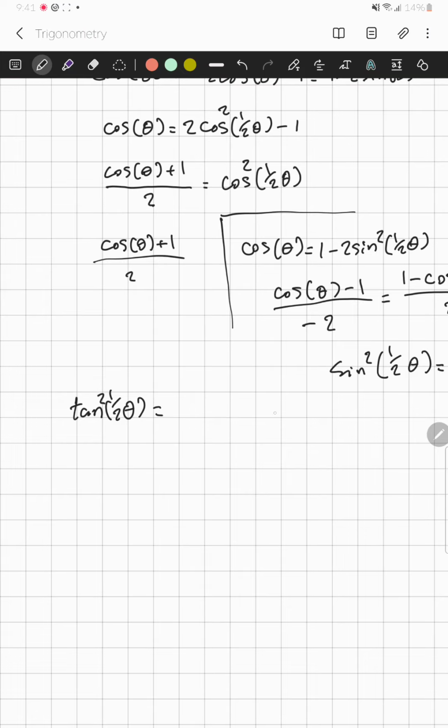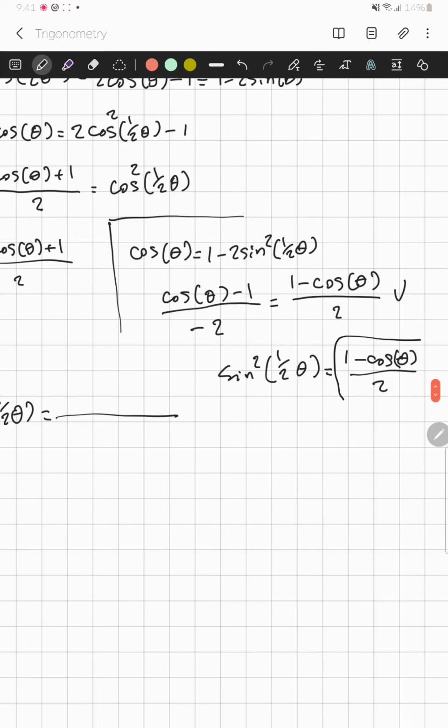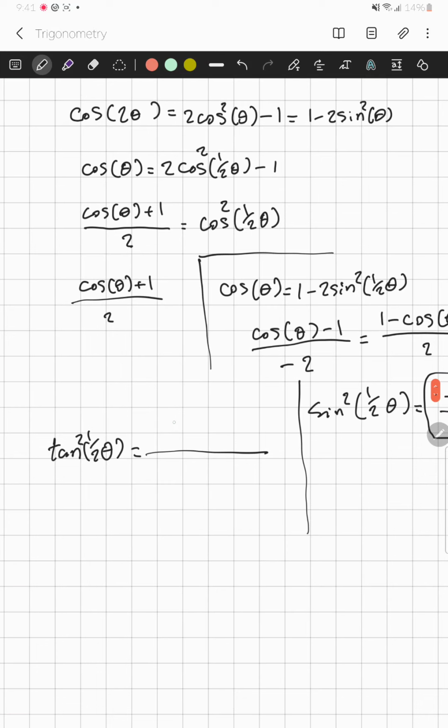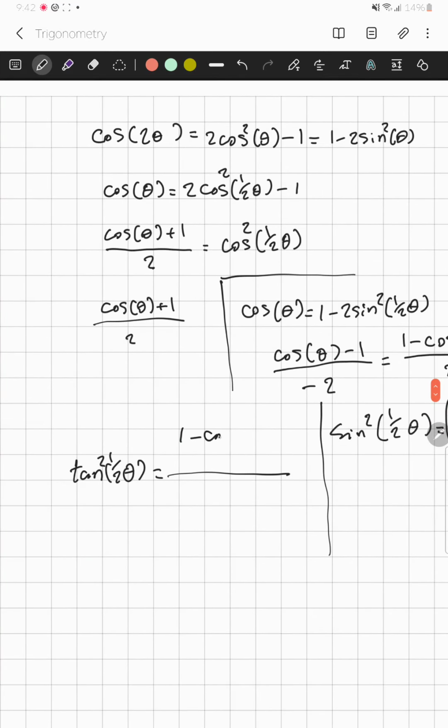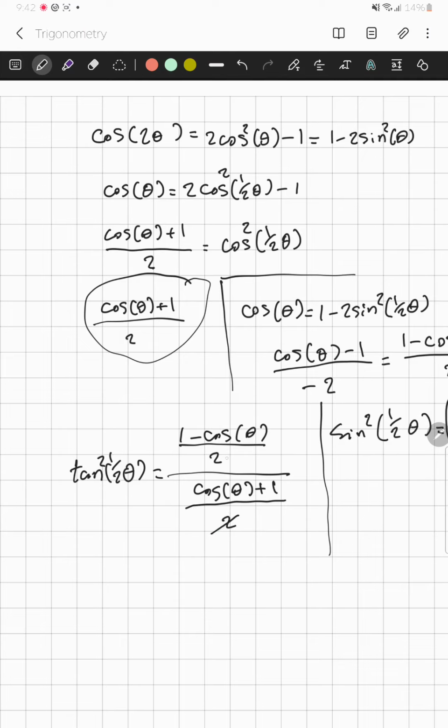That's very easy, very simple. We just take sine squared of half theta, which is 1 minus cosine theta over 2, and divide it by cosine squared half theta, which is cosine theta plus 1 over 2. 2 goes with 2.